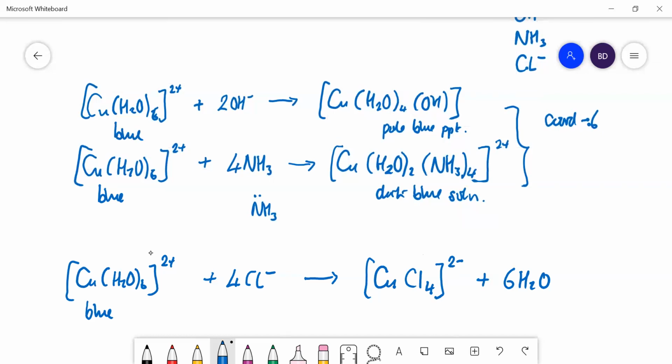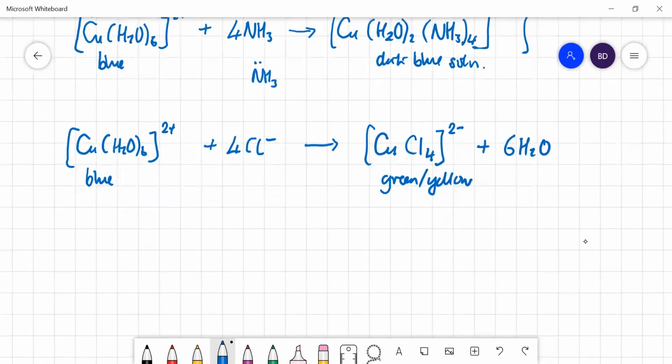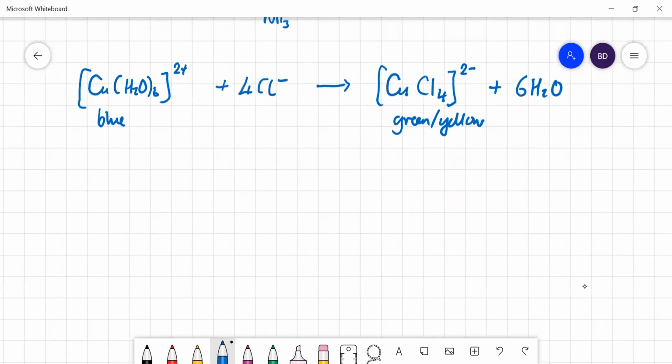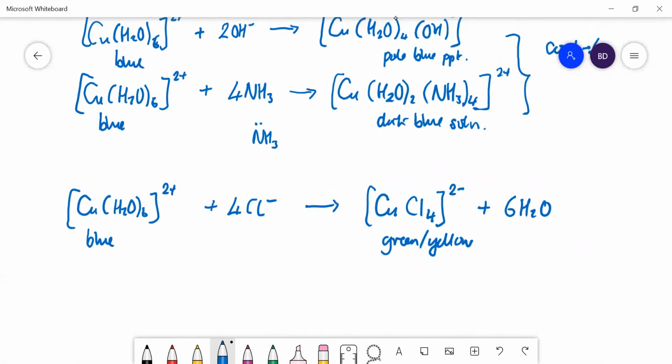When you add this, the complex is green to yellow, so it will turn a sort of emerald green color. That is all you need to write. It's a fairly recall sort of question. I'm going to leave that there and continue with that paper in the next video.